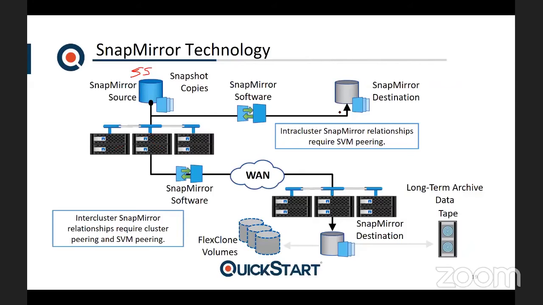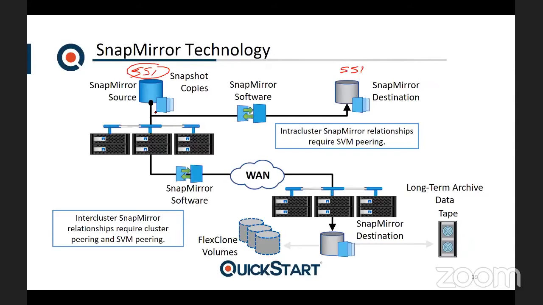And whether we're talking intra-cluster or inter-cluster, when I initialize this SnapMirror relationship, basically I'm copying all the data that's in this initial snapshot over to the destination. So this is like snapshot 1, and I'm copying snapshot 1 over to my destination. And that's what we call the initial baseline transfer.